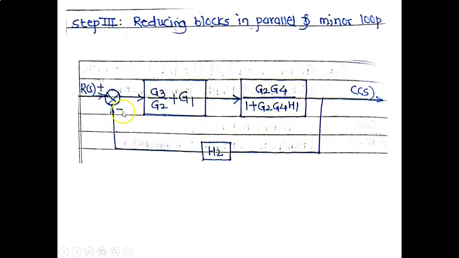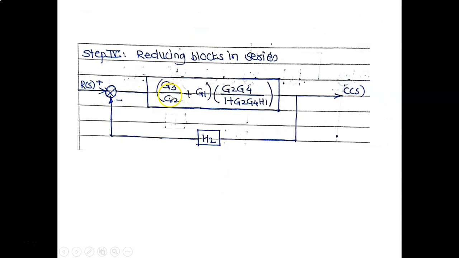Therefore same condition here, G3 upon G2 plus G1 and G2 G4 divided by 1 plus G2 G4 H1, and here another block will be there, that is the H2 block is present. Now these two blocks are in series, they are getting multiplied with each other. Therefore G3 upon G2 plus G1 into G2 G4 divided by 1 plus G2 G4 H1, and this feedback signal is there, it is H2.